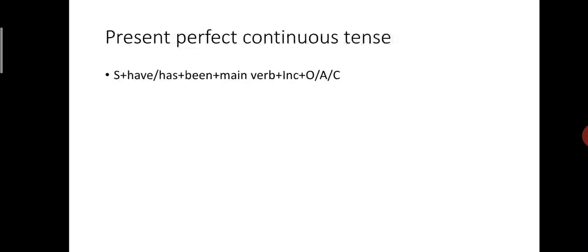Uses: to refer to the action that began in the past, is in progress in present time, and may be continued in the future. For example, the environmental balance has been disturbed since the last few years. See, has been disturbed since the last few years is the example of present perfect continuous tense.